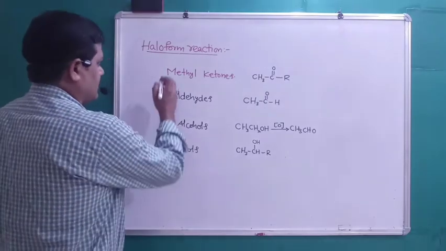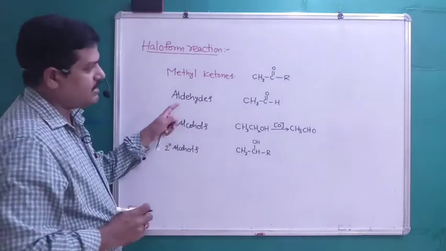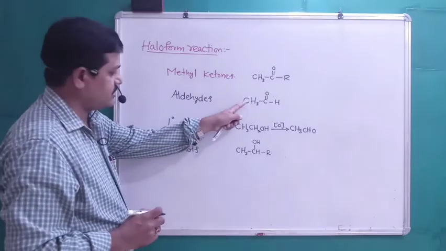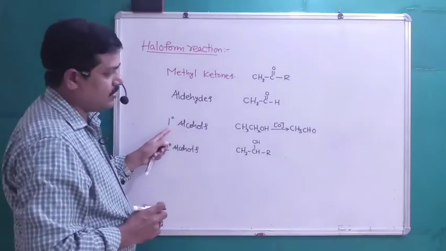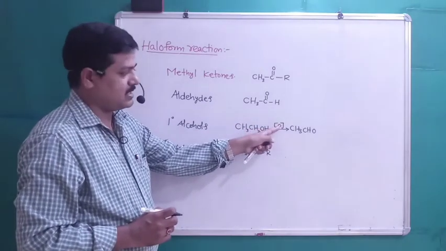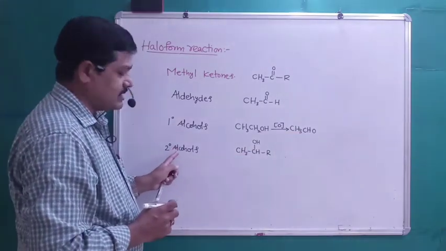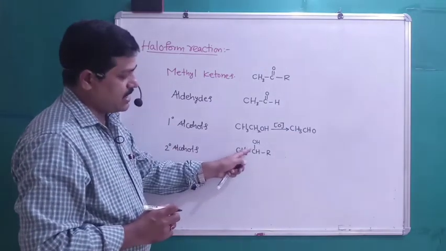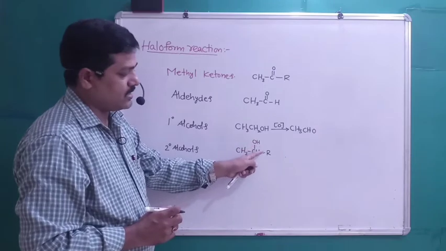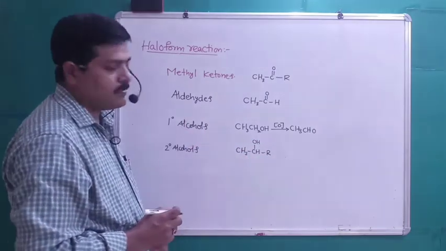To summarize: methyl ketones give this reaction; among aldehydes only acetaldehyde; among primary alcohols only ethyl alcohol, because it is oxidized into acetaldehyde; and secondary alcohols of the type CH3CHOH-R.